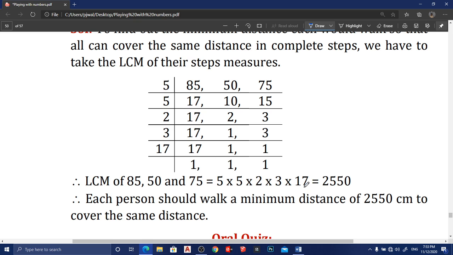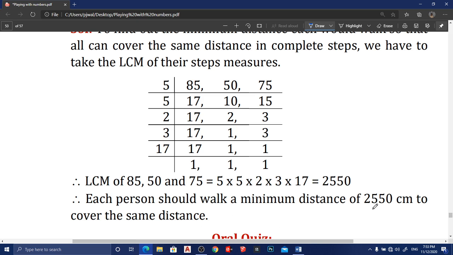By multiplying all these numbers you will get 2550 centimeters. So each person should walk a minimum distance of 2550 centimeters to cover the same distance.